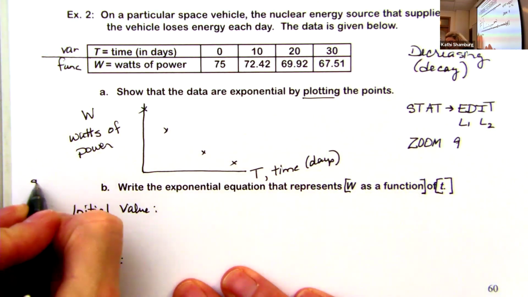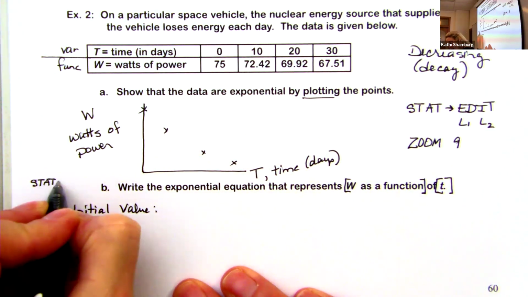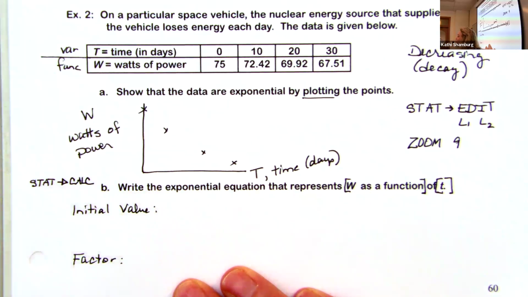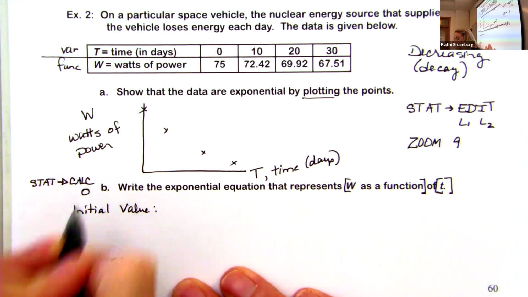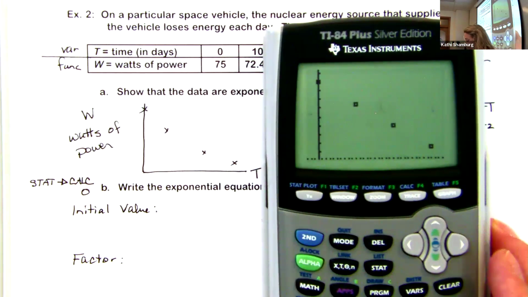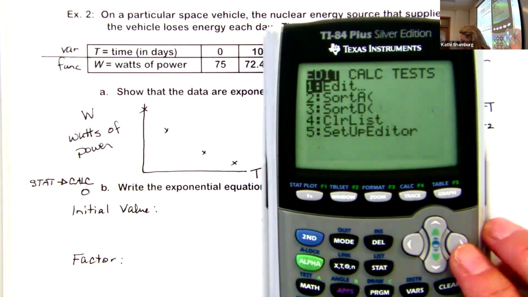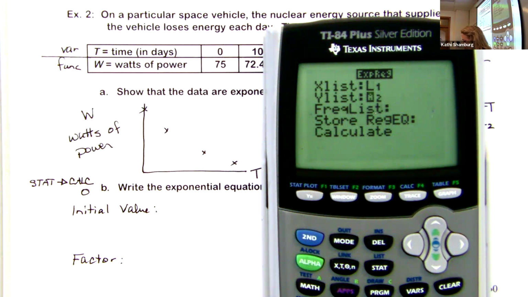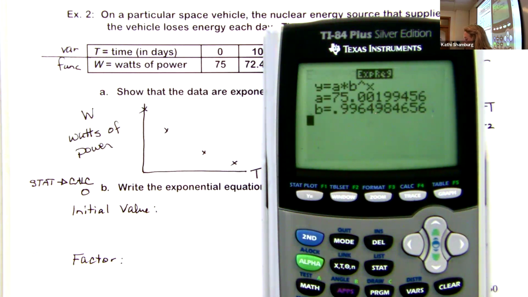You're going to go to stat, arrow over to calc. Now, instead of 4, that was linear regression, we now push what? 0. Okay, so stat, right arrow over to calc, and then you can just push 0, enter, enter, enter, enter, enter.